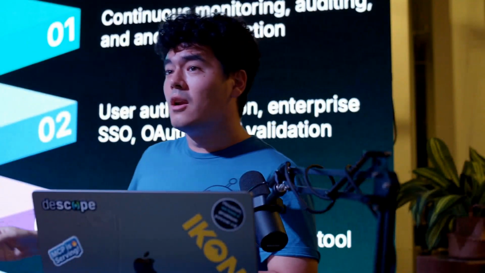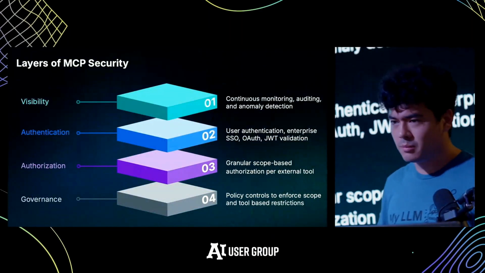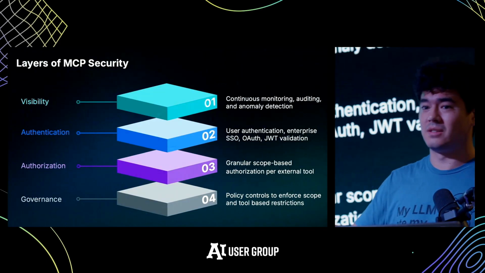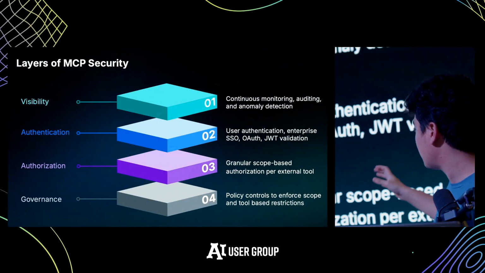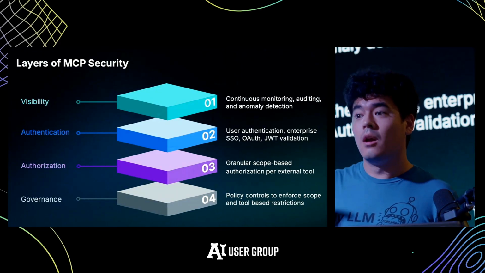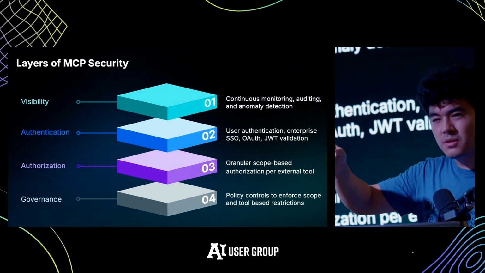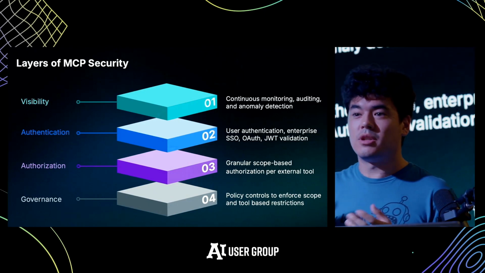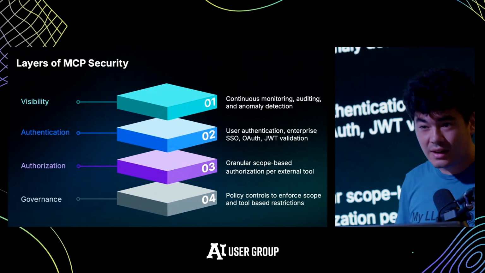But where it really gets complicated is the final two layers, the third being authorization. So not just authenticating into an MCP server, saying I want to access this MCP server, but being able to define what tools and what scopes your agent or your MCP client, like Claude Desktop, can access.